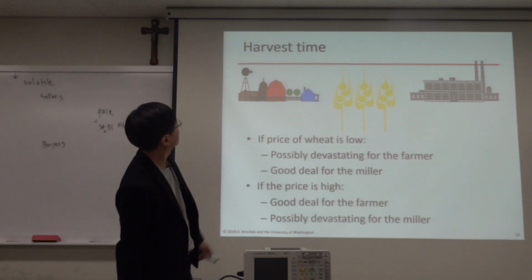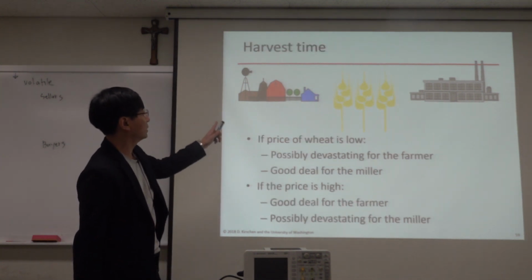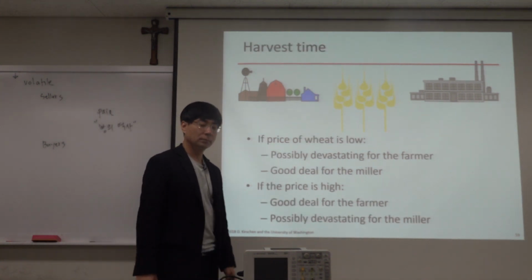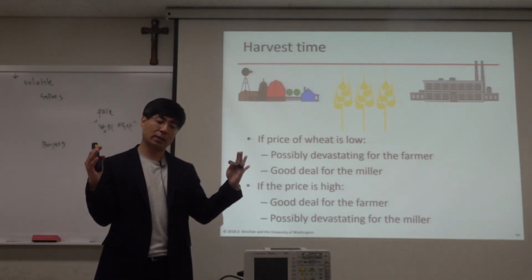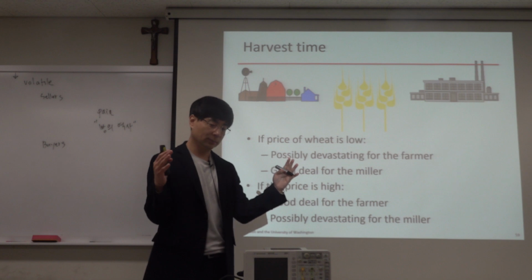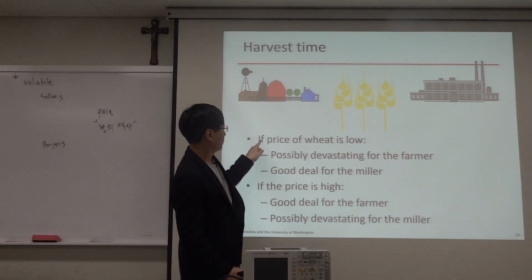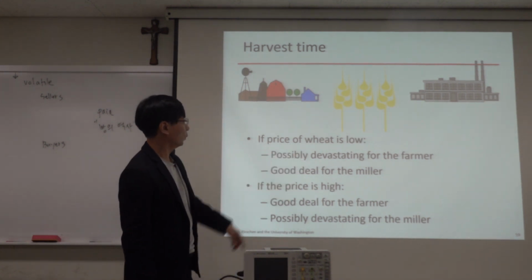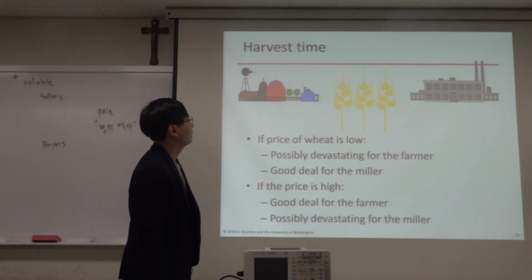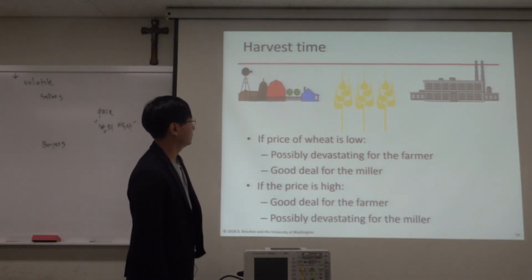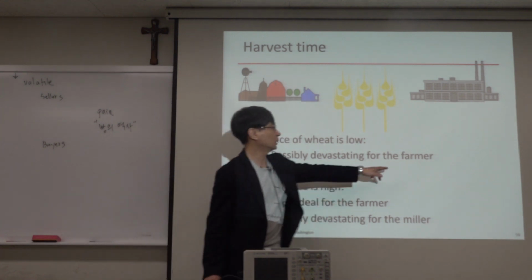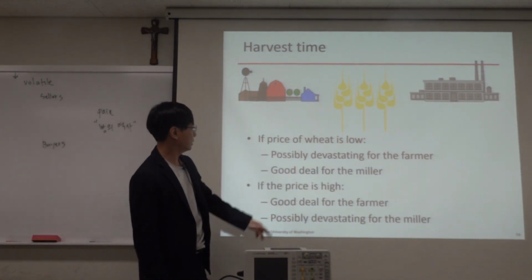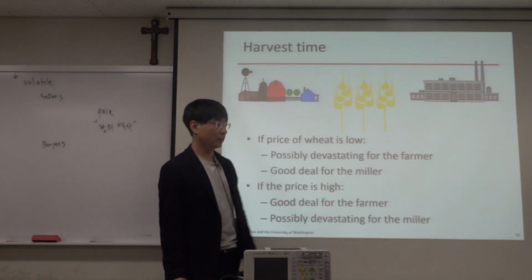So, harvest time for wheat. Maybe the harvest time is fall, I don't know. If the price of wheat is low, then that is possibly devastating for the farmer, the seller, and this is a good deal for the miller, no?